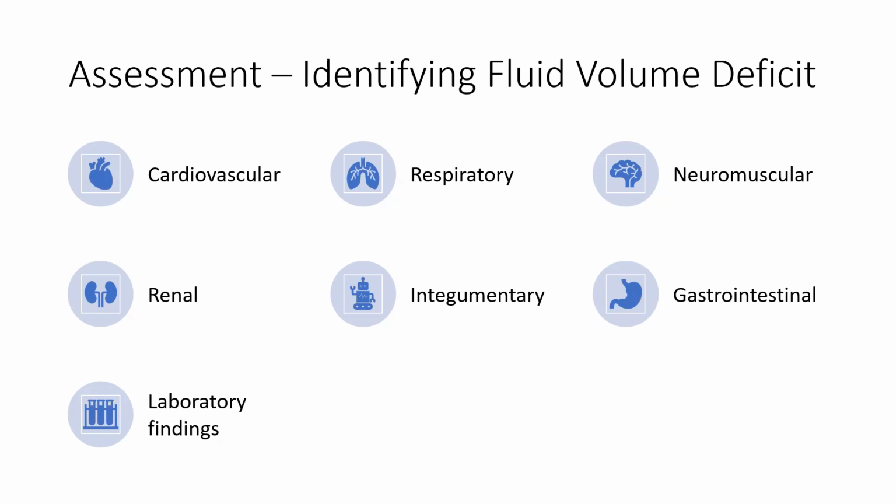Assessing the renal system, you'll see a decreased urine output. Assessing the integumentary system, you'll see dry skin, poor skin turgor, tenting, and dry mouth.